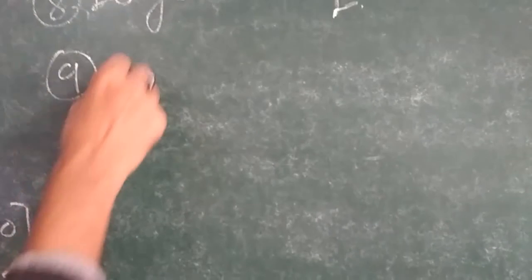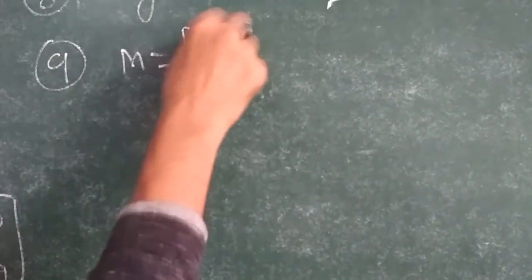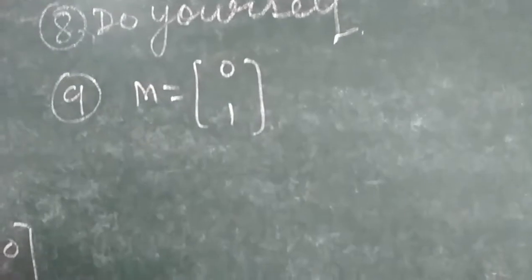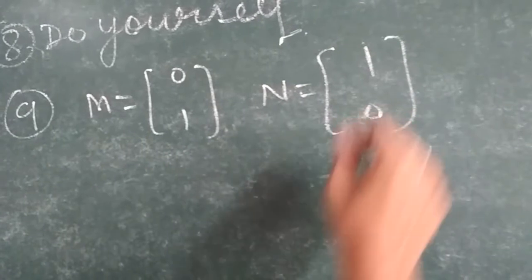Ninth. M equal to 0, 1, N equal to 1, 0.